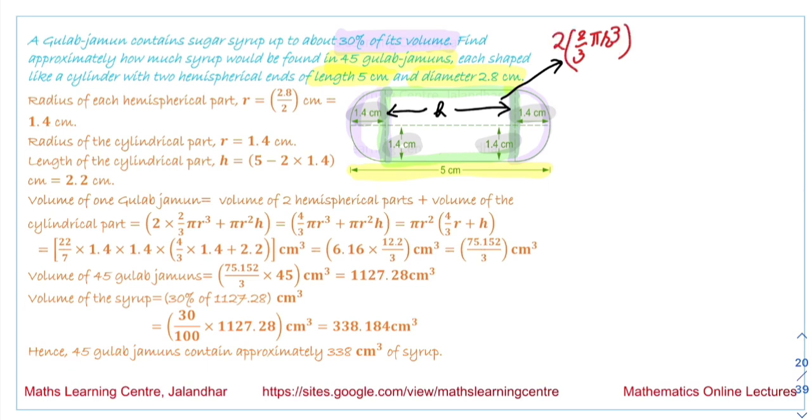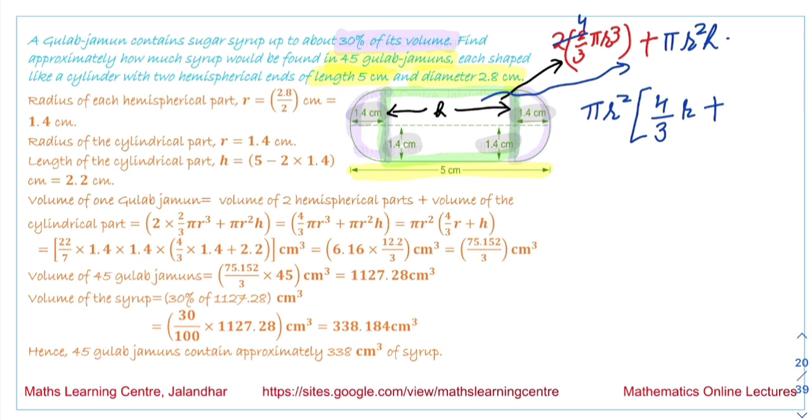There are two hemispheres, so it is 4 by 3 pi r cube, plus the volume of this cylindrical portion, which is pi r square h. So if we take pi r square common, we are left with 4 by 3 r plus h.